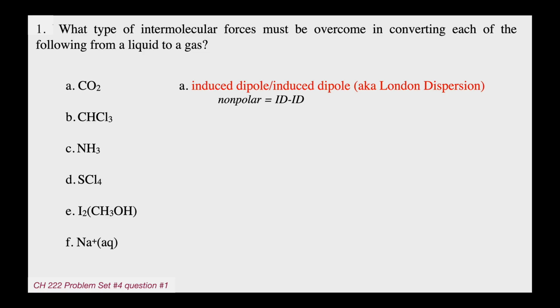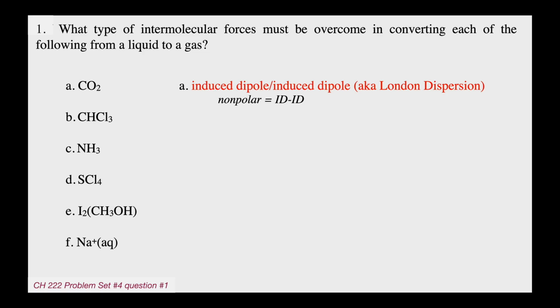These forces are sometimes called London forces or dispersion forces, even sometimes Van der Waals forces. They're so weak that honestly I think nobody really cares that much, which is terrible. But anyway, I will refer to them as the IDID, induced dipole force. So any non-polar substance that becomes a gas, you'd have to overcome the induced dipole forces.